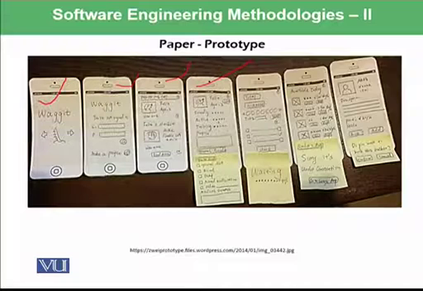So why do we build such a prototype on paper? Because it gives us an opportunity to get maximum feedback from the client. If we build a very sophisticated prototype developed in very advanced software, then the chances are that clients and customers are not going to give us valuable feedback.